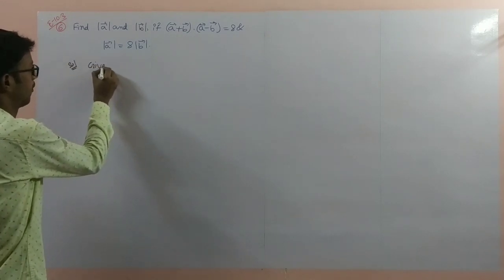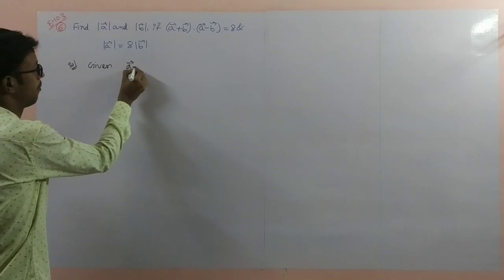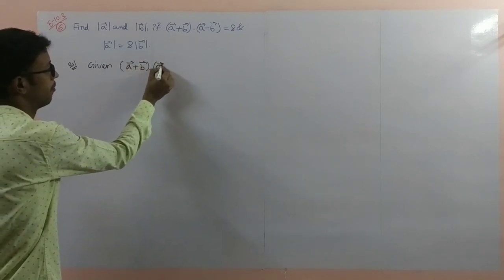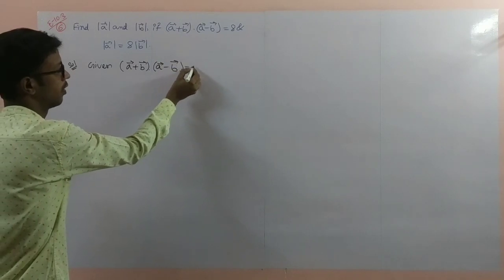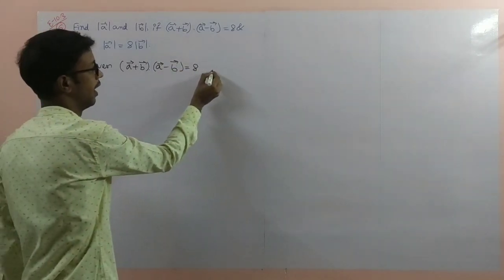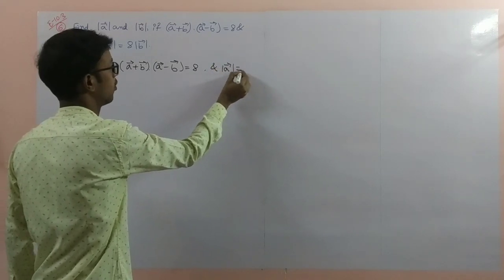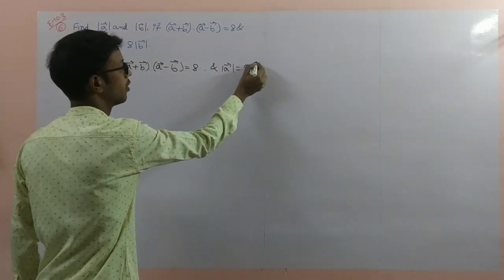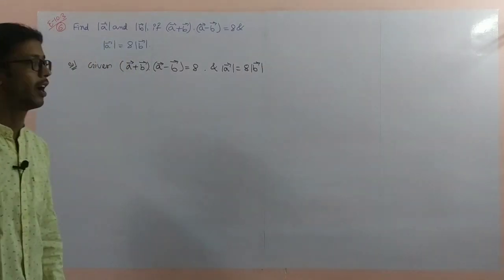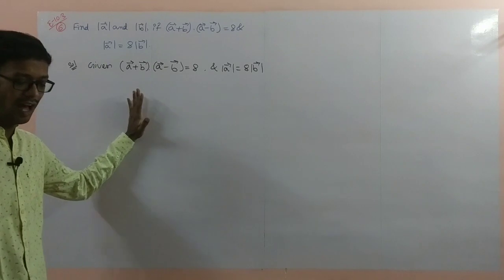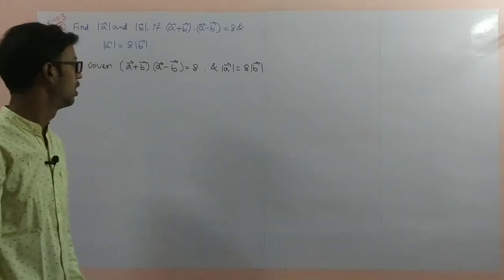Solution: given A bar plus B bar dot A bar minus B bar equal to 8 and magnitude of A bar equal to 8 times the magnitude of B bar. So now I'll make the normal simplification here.